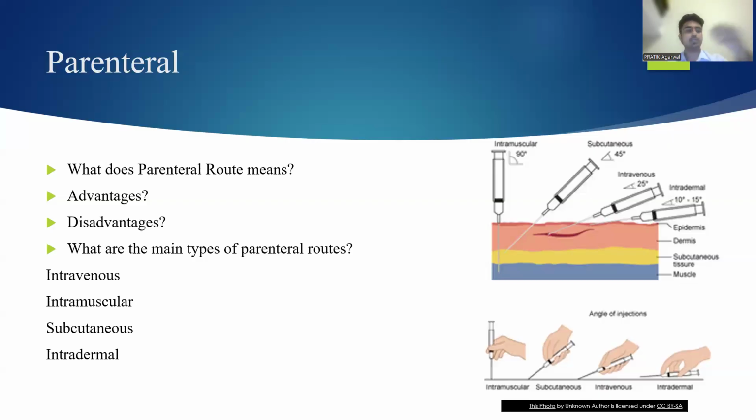So I'm not able to see my muscles from here, the exact muscle cells. So I do it 90-degree so that I'm sure that injecting it at 90-degree fully would inject the drug into my muscle cells. Similarly, I cannot see my subcutaneous. I will administer an injection at 45-degree to make sure it's going into the subcutaneous.